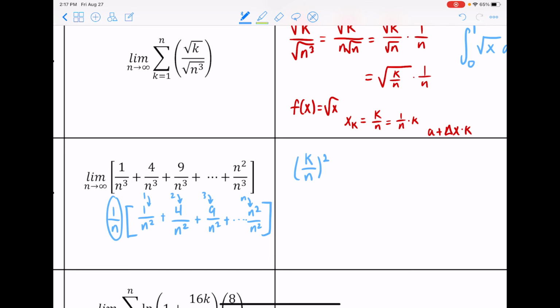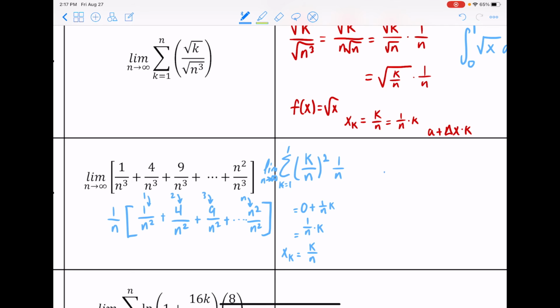The width of the interval is 1 over n. So if we're going to do our summation here from k equals 1 to n, and take the limit as n approaches infinity, this is what we're working with, okay? So our x sub k is k over n, right? Let's work backwards. That looks a lot like 1 over n times k, which looks a lot like 0 plus 1 over n times k.